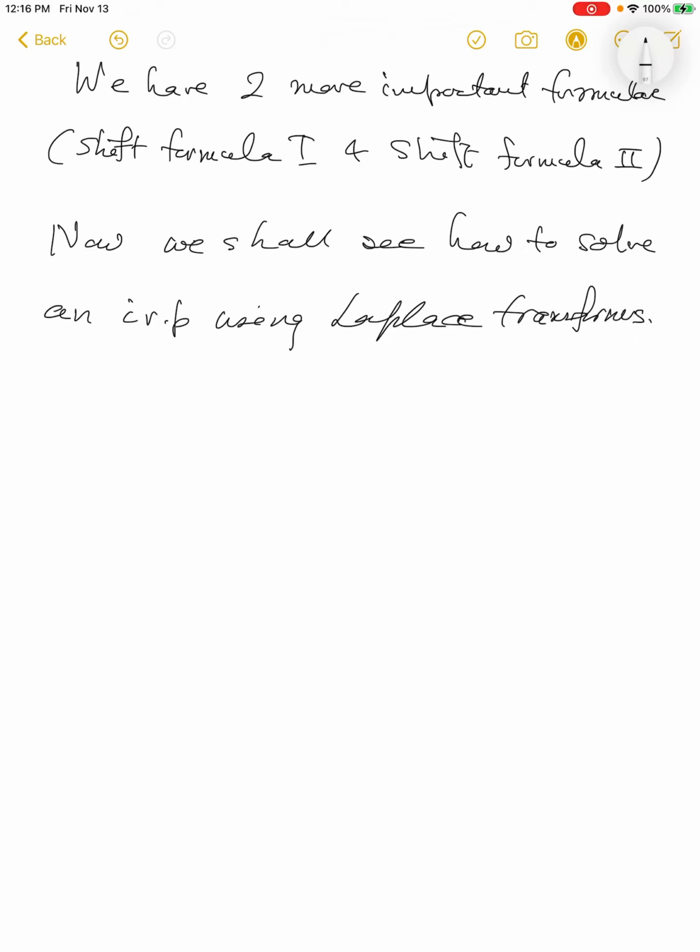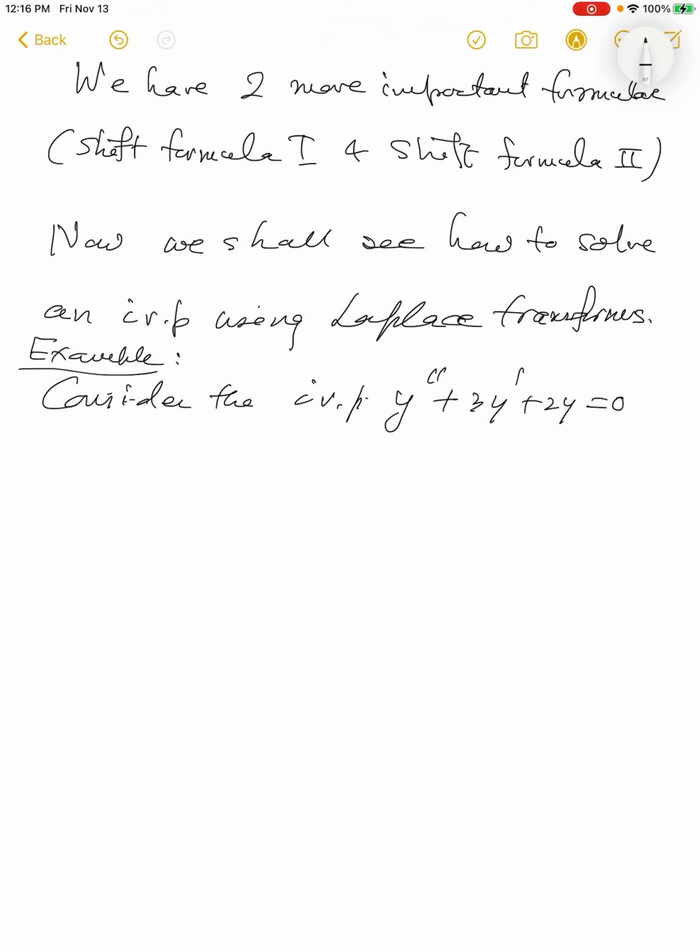I'll do one example and then we will continue with this next time. So here is another example. Consider the IVP: y double prime plus 3y prime plus 2y equal to 0, with the initial conditions y at 0 equal to 1, y prime 0 equal to 0. Find y of t.